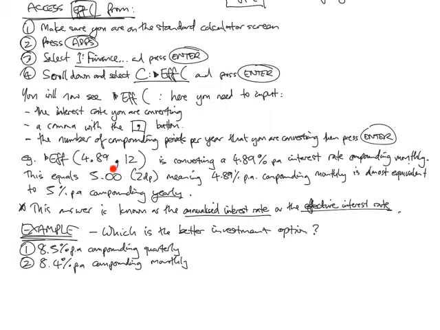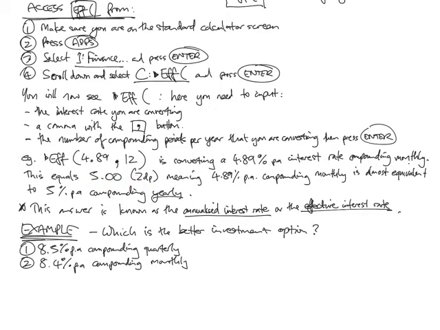What that input is doing is converting a 4.89% per annum interest rate, which is compounding monthly, because this is the interest rate that you put in, and then a comma, and this is how often it's compounding. And what it's going to spit out when you press enter is the annualized interest rate, so what the interest rate would be if it was compounding per year instead. When I press enter, after I put this 4.89 comma 12 into EFF, it comes to 5.001099, so pretty much 5.00 to 2 decimal places.